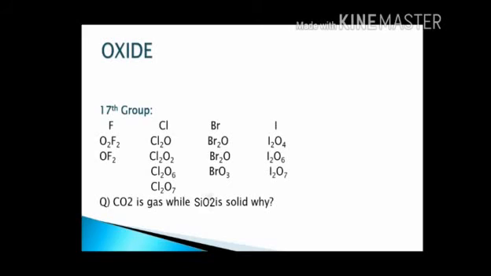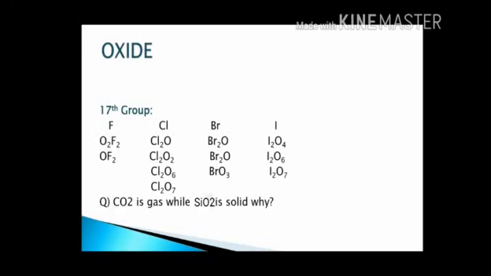Oxides formed by bromine are Br2O, BrO2, BrO3, and by iodine are I2O4, I2O6, I2O7. All these oxides of halogens are powerful oxidizing agents and explode violently on heating or shock.